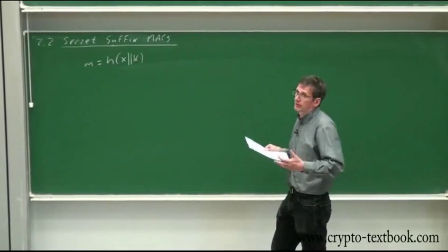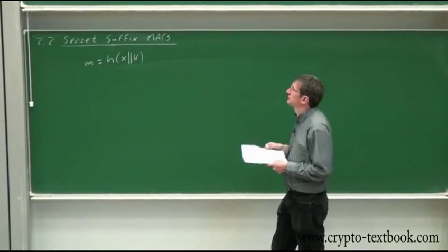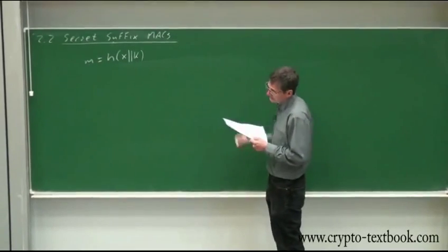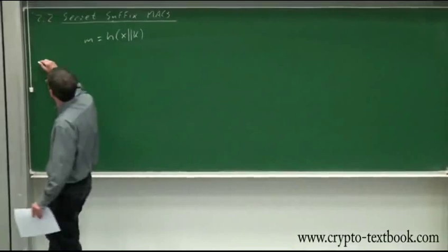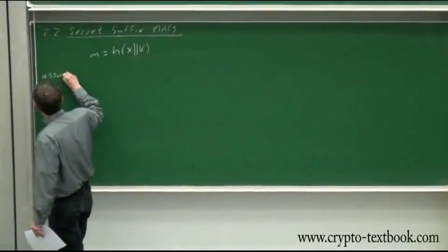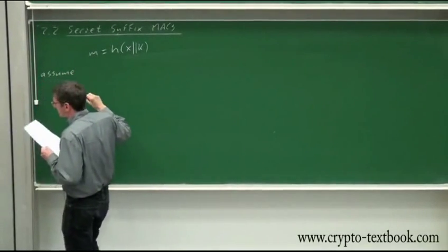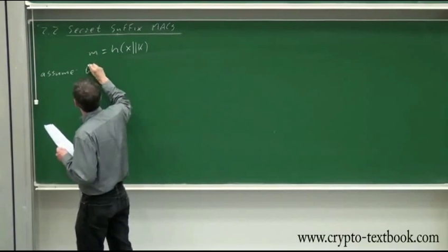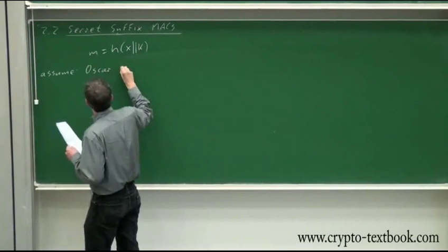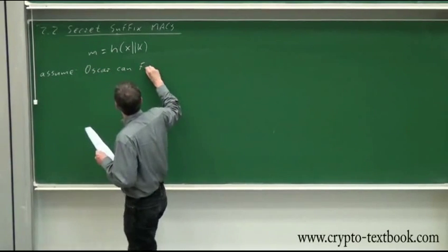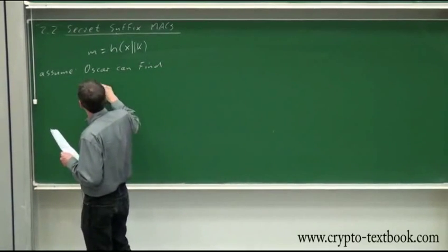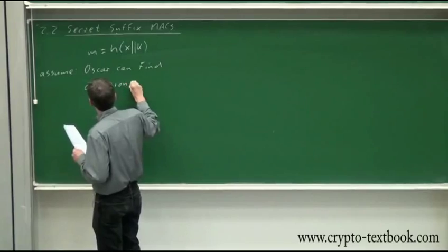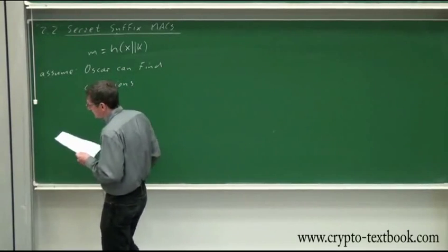And now comes another problem, which is more closely related to properties of hash functions, which I think is a good discussion that follows now. Assume Oscar can find collisions. What is that again?